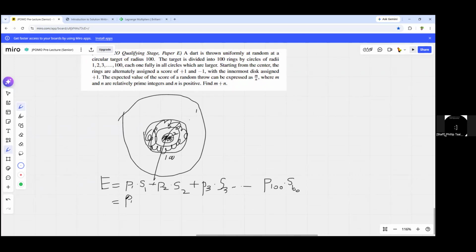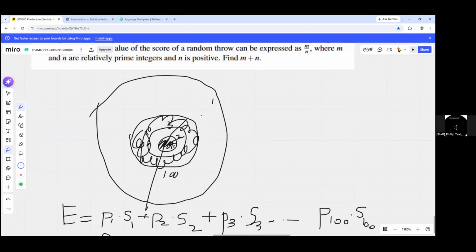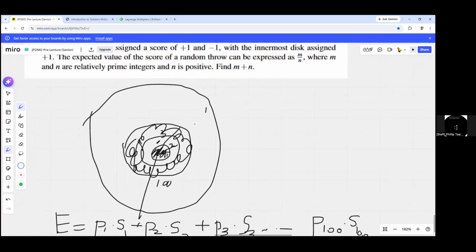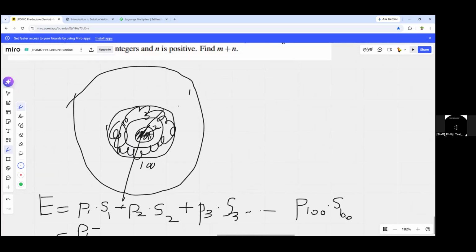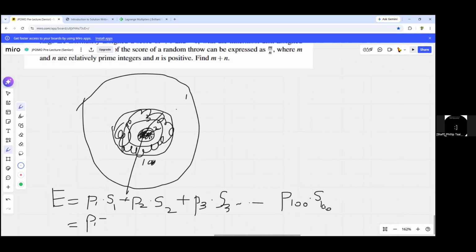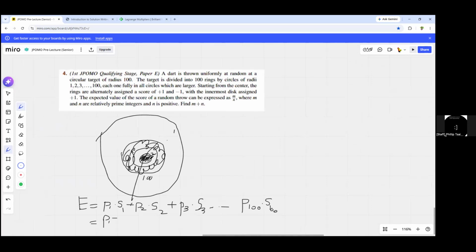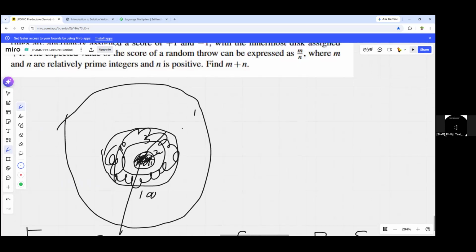So here we must have positive P1 minus P2 and so on. By the way, I haven't defined what P1, P2, P3, etc. are yet. Let's say P1 is the probability of outcome one happening, which we define as the probability that the dart hits the circle with radius one.